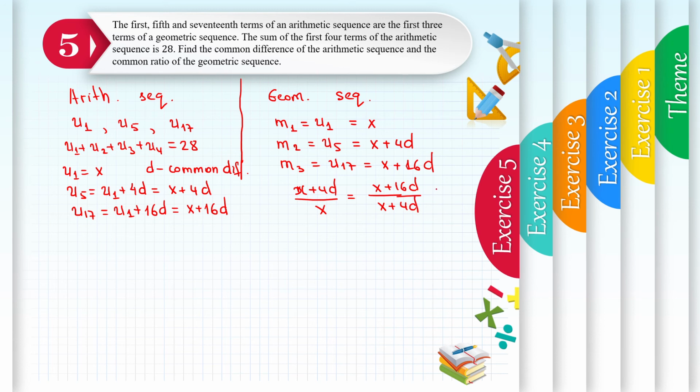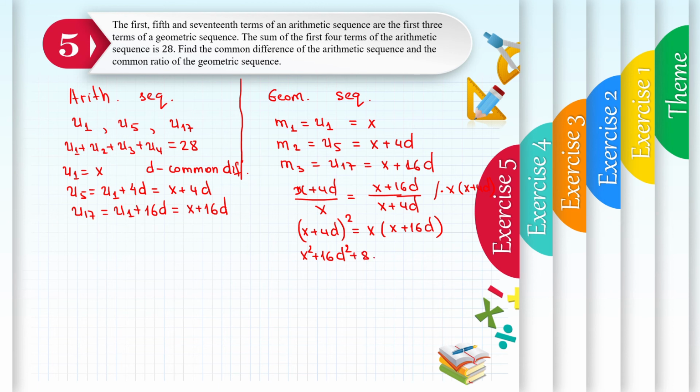Next, multiplying this equality by x times (x plus 4d), we get that (x plus 4d) squared is equal to x times (x plus 16d).